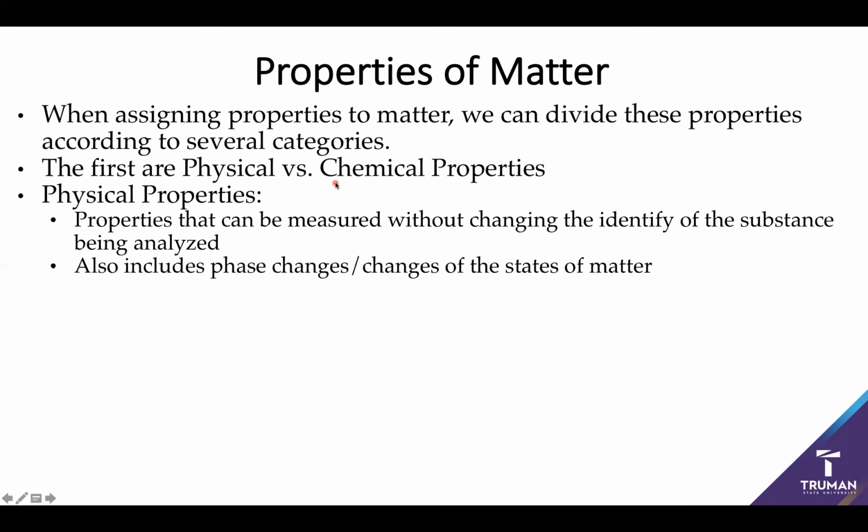When I'm talking about physical properties, these are properties that can be measured without changing the identity of the substance. This can include things like mass, volume, density, color, smell. I don't actually have to change what the substance is to measure these properties.